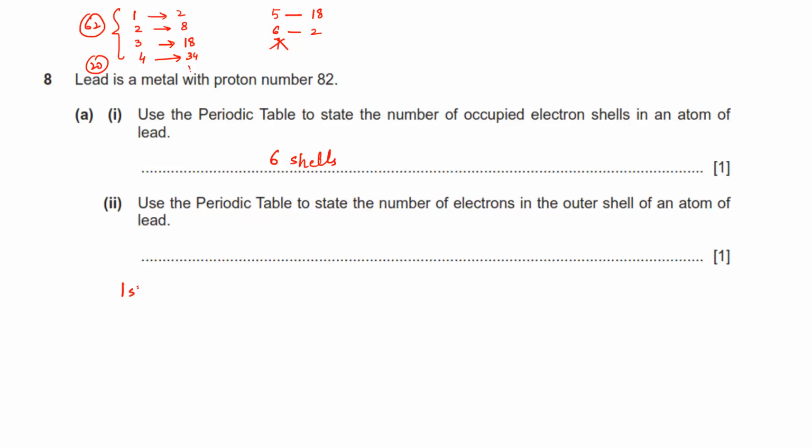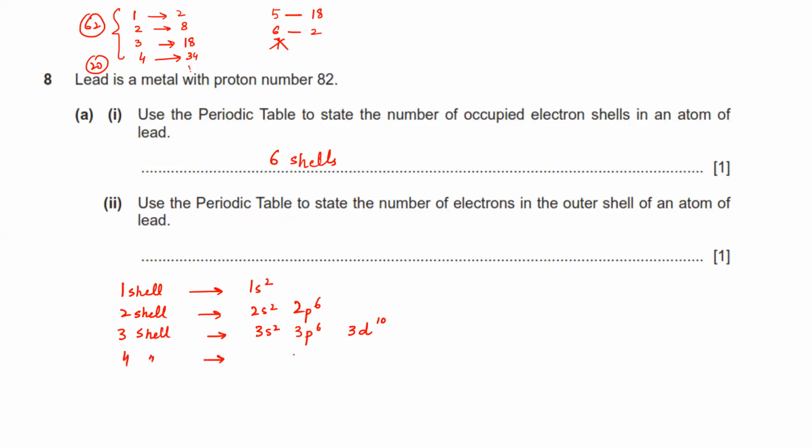Following this will give you the number of shells, but the best way is to use subshell notation. The first shell will have 1s2, the second shell will have 2s2, 2p6. The third shell will have 3s2, 3p6, and 3d10, so a total of 18.